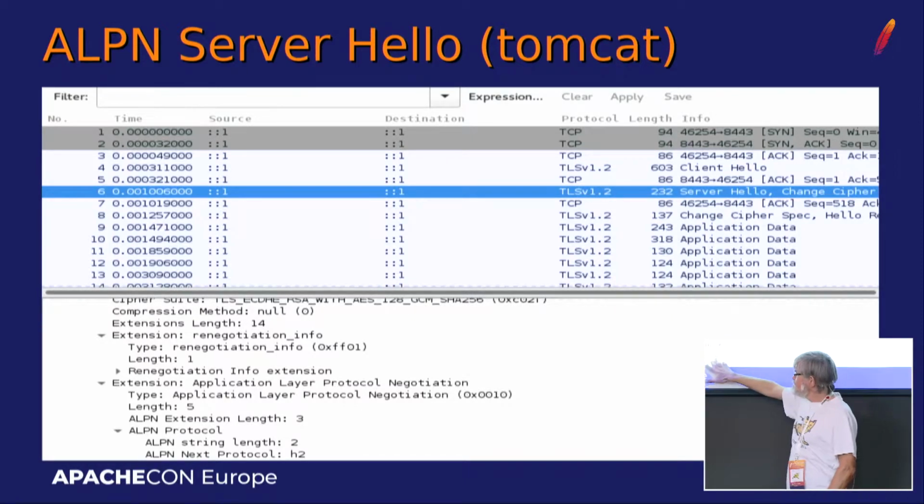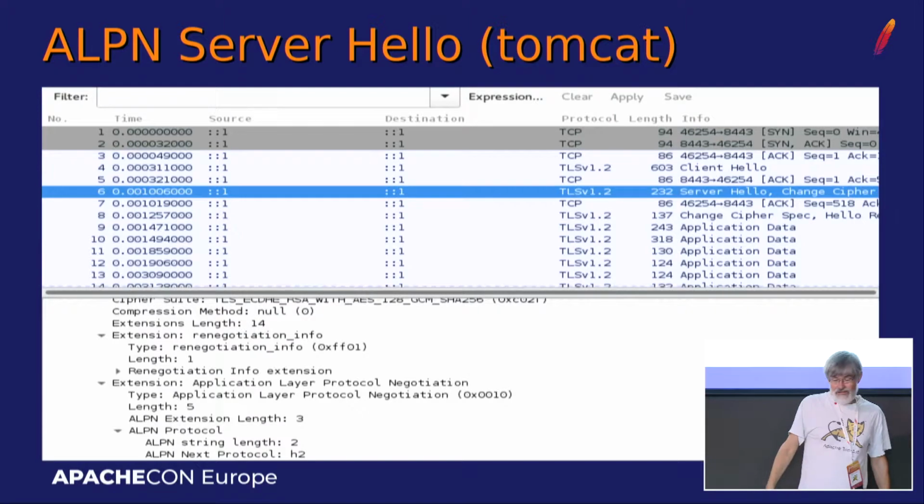You have the length, and then it's going to tell, and those things are not cryptic at all, and are redundant. You could have a 0 byte and then you would know the length, but that's it. So you have the length, and then it says that the next protocol you want to do is H2. As the browser was proposing H2, Tomcat says, yes, I can do that.